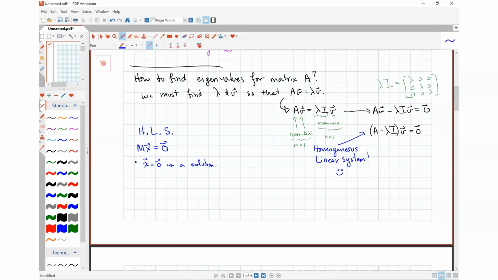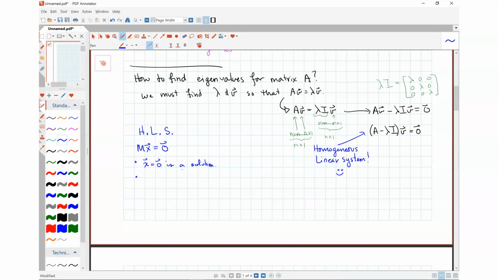And we remember back from like the second week of class or something that if you have a linear system, the number of possible solutions is 0, 1, or infinity, right? So homogeneous systems always have at least one solution. And when the matrix M has an inverse, then they only have x equals 0 as a solution.